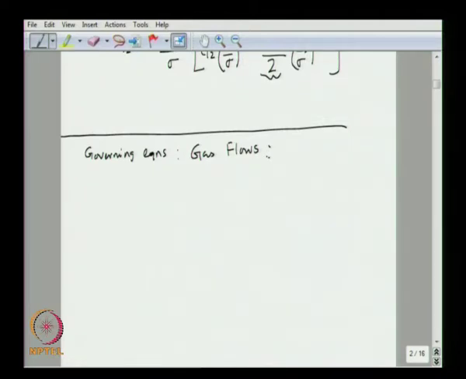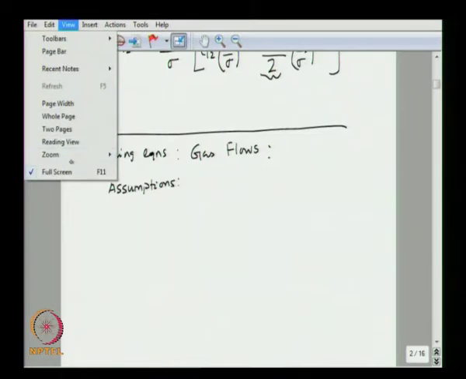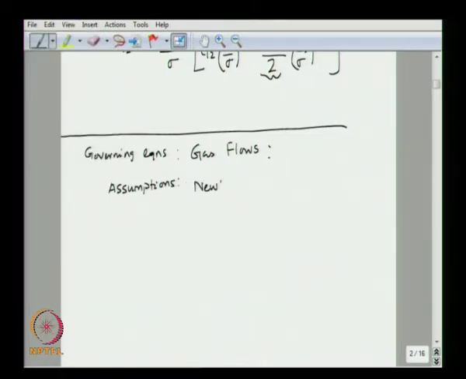So the assumptions are that the fluid is Newtonian, and it could be compressible, and a Fourier conducting gas.